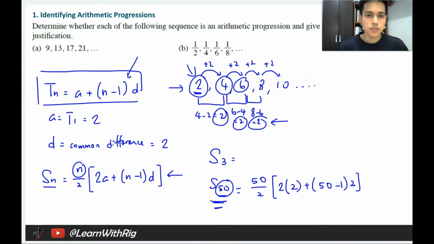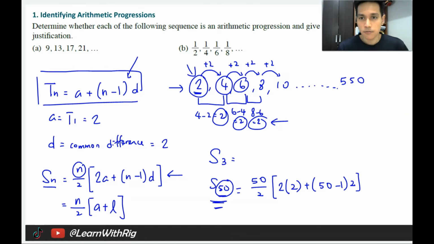Alright, so this is one of the formulas. There is also another formula that can be used to find the sum of terms, which is Sn = n/2 × (a + l). What is l? L is the final term. So for example, let's say the sequence they gave you and they tell you the last term is 550, let's say.